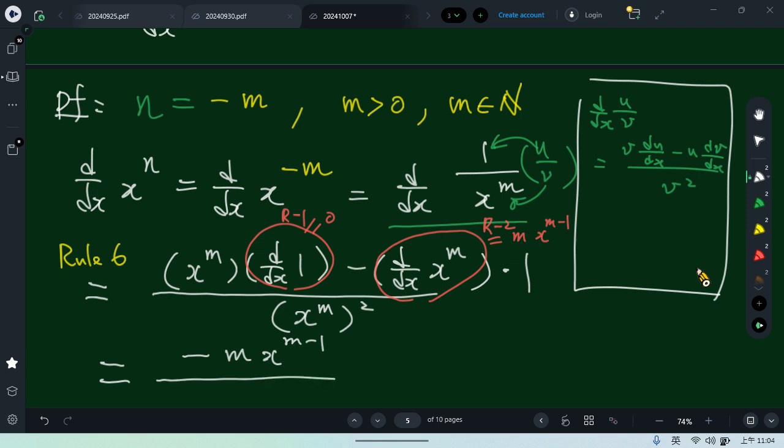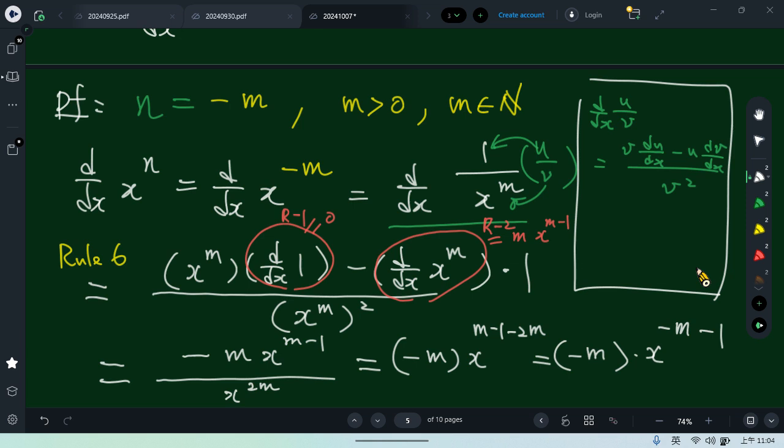Then we have x to the power of 2m. So we can continue to simplify it as 2m minus m times x to the power m minus 1 minus 2m. So we will have minus 1 minus m times x to the power minus m minus 1.